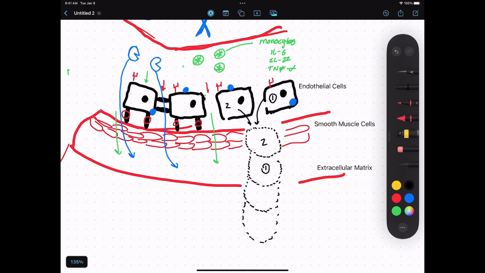And look at what happens now. We're getting sprouting. This existing vessel received information from VEGF, recruited inflammation, recruited MMPs, and inflammation and MMPs cleared the path so that the cells could migrate. Once they migrate, they create these lumens.